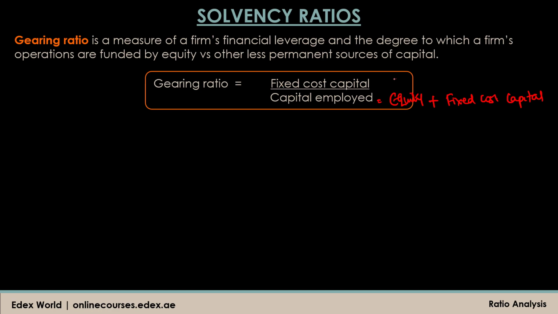Now, what is fixed cost capital? Fixed cost capital is that capital on which the firm is supposed to give returns to the investor at a fixed rate. For example, if you've taken a loan from the bank, the bank is expecting you to pay interest at a certain rate that is pre-decided.